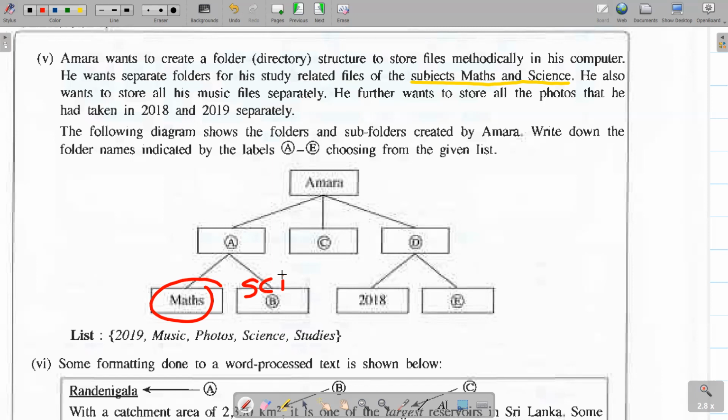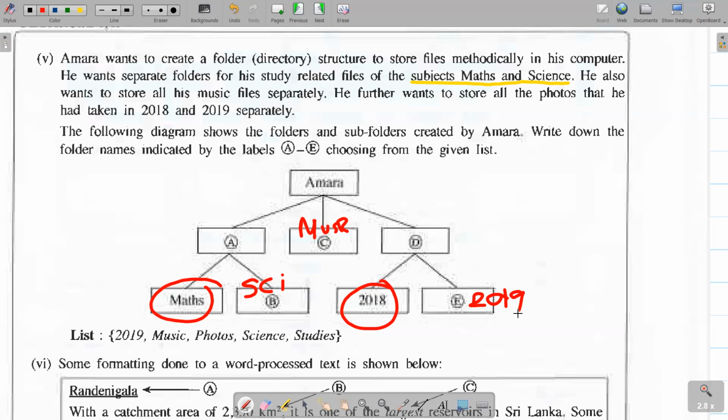And he also stores all his music files separately, so this is going to be music. And he further wants to store all the photos that he had taken in 2018 and 2019. Since here it says 2018, this is going to be 2019.